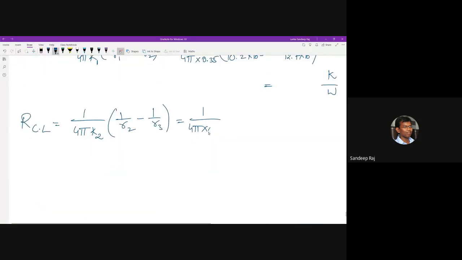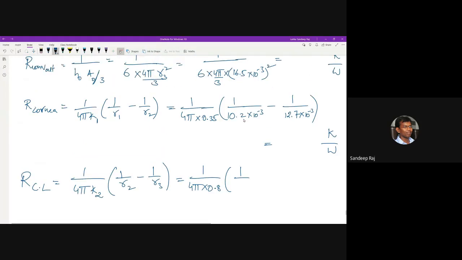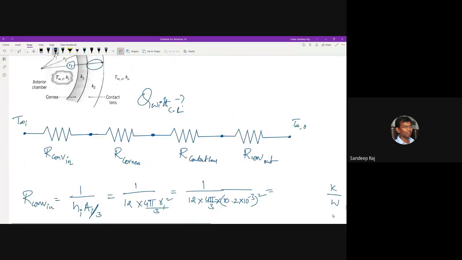So substitute that here, 0.8 into 1 by R2 value. What is the R2 value? It is 12.7 into 10 to the power of minus 3, minus 1 by 16.5 into 10 to the power of minus 3. You get this value in so many Kelvin per watt. Now we are done with all the resistances. Get all the resistance values here.